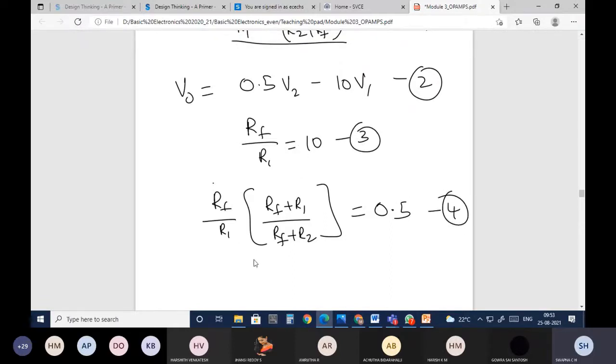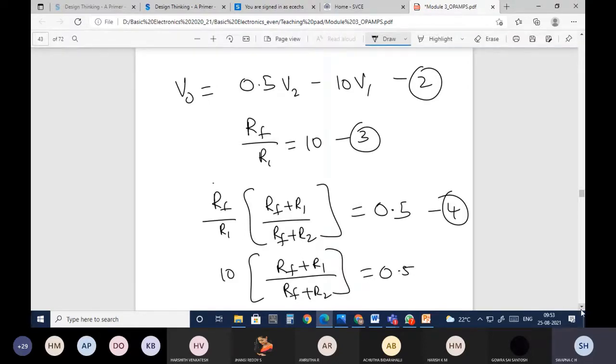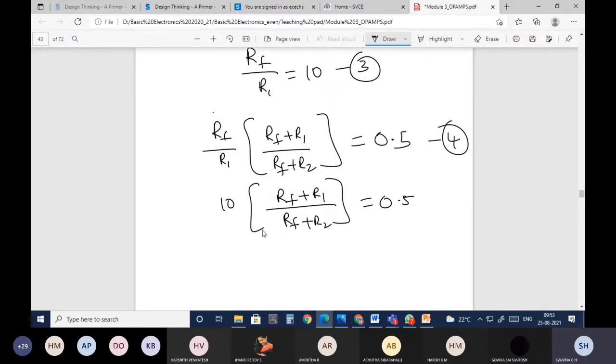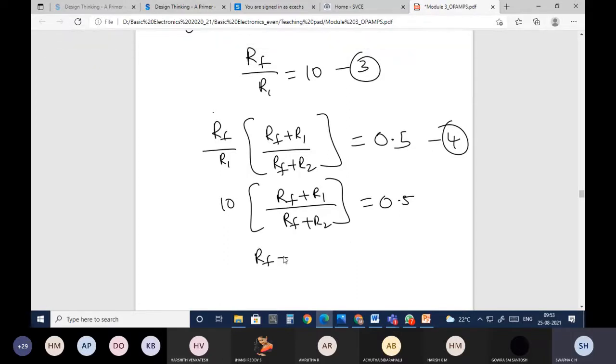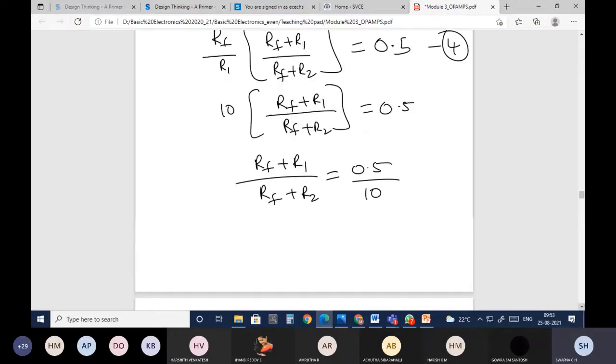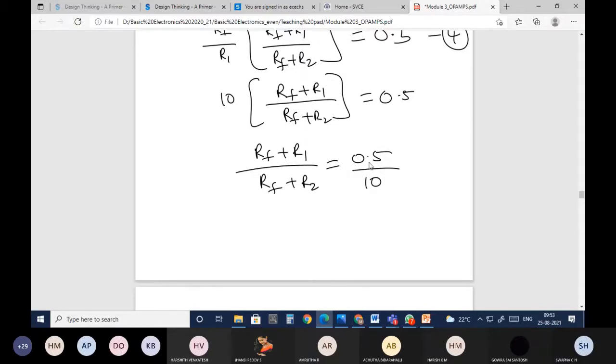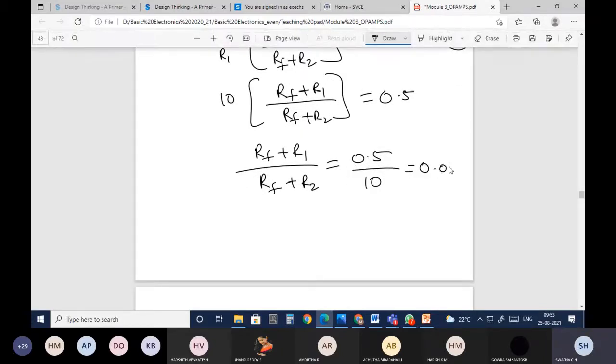Now equation 3 I'll substitute here so that I'll have 10 times (RF plus R1 divided by RF plus R2) equal to 0.5. Rearrange the terms. So RF plus R1 divided by RF plus R2 is equal to 0.5 divided by 10.